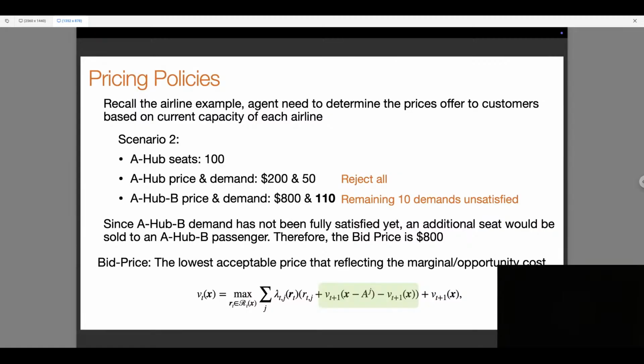And if the given price equals this, we can say that if the price is higher than this part, we can gain more from the selling, and if the price offered by the agent is less than this part, we will lose our reward. We will lose our gain.